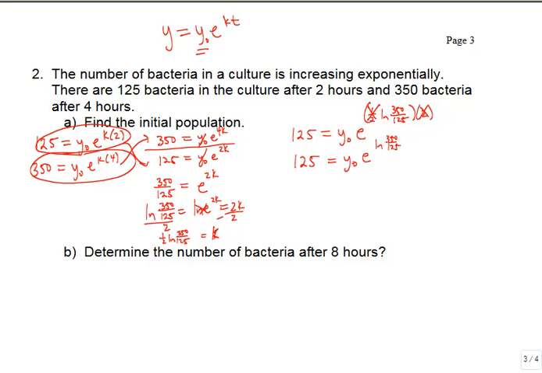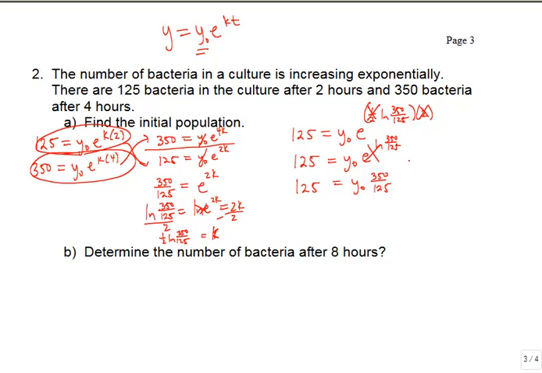Remember, e's and ln's, when they're right up against each other like this, cancel each other out. So e raised to an ln is going to cancel out because an ln is the same base. So what you're going to be left with is just that y sub 0 that's out front, and then this 350 over 125 comes down.